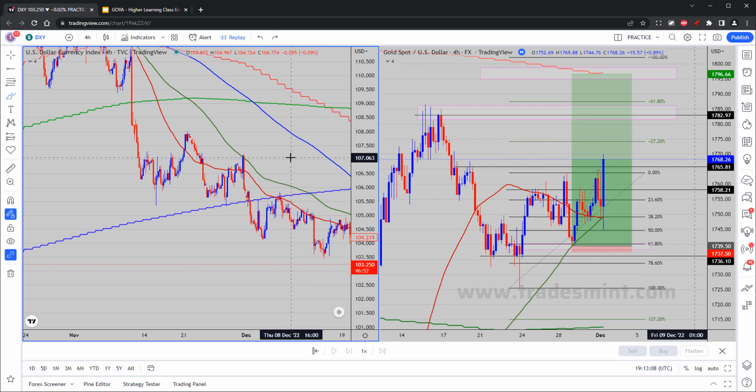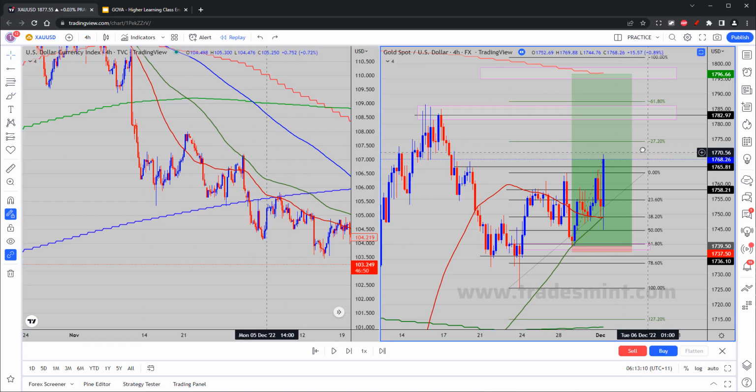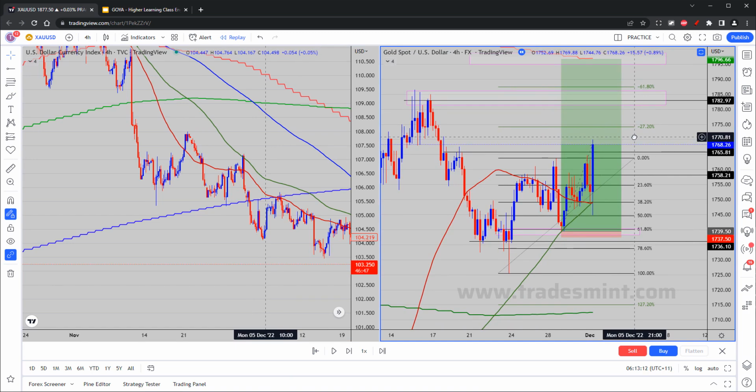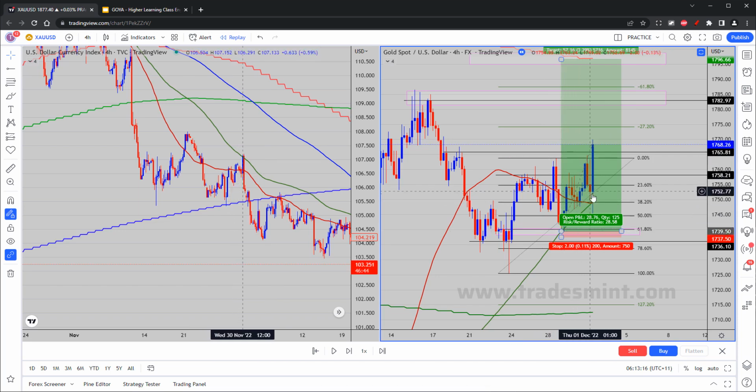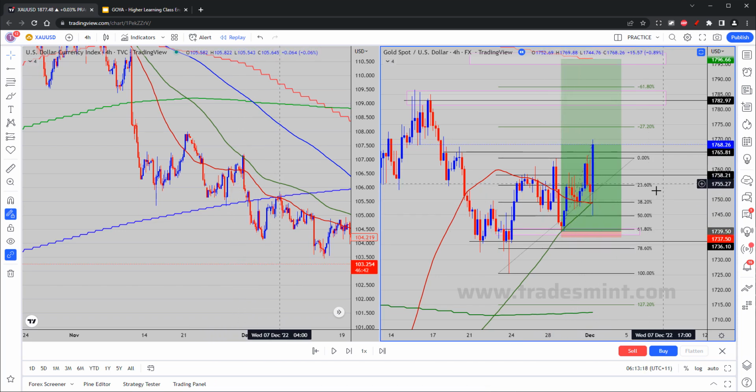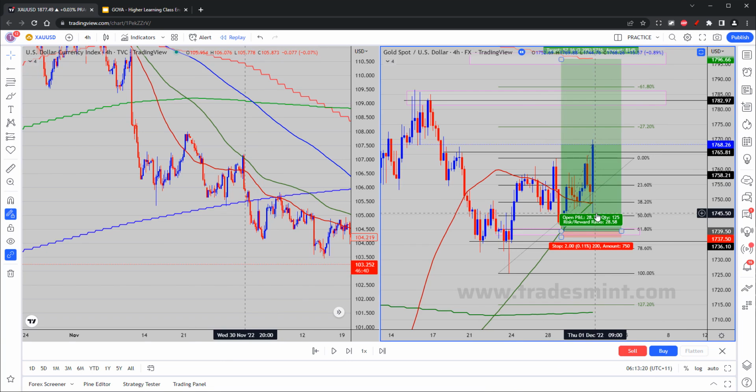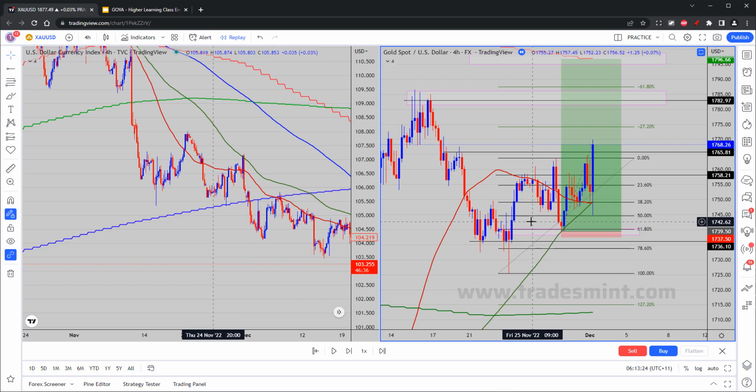So once again, DXY gave us the ability to see that something was going on and not to panic if we were in the trade, if we saw this consolidation, and basically that there was some sort of manipulation. It's not always going to give you the exact reason why there's a manipulation. It's up to you as a trader to find the reason, to build a storyline, to understand what's going on.